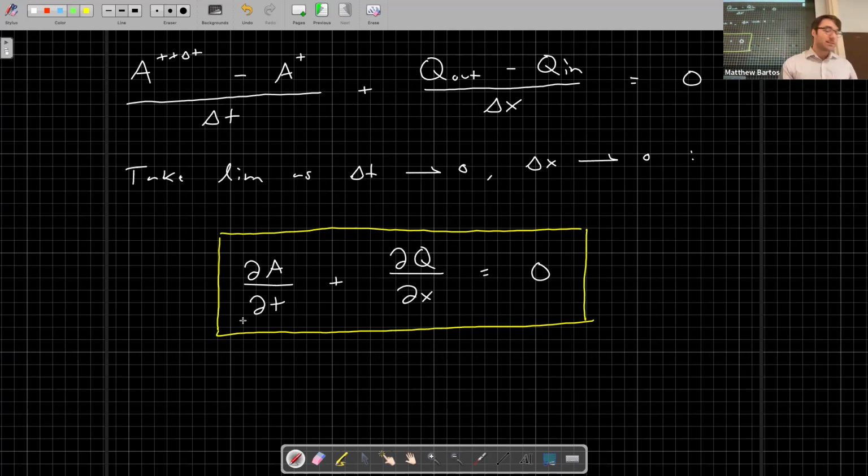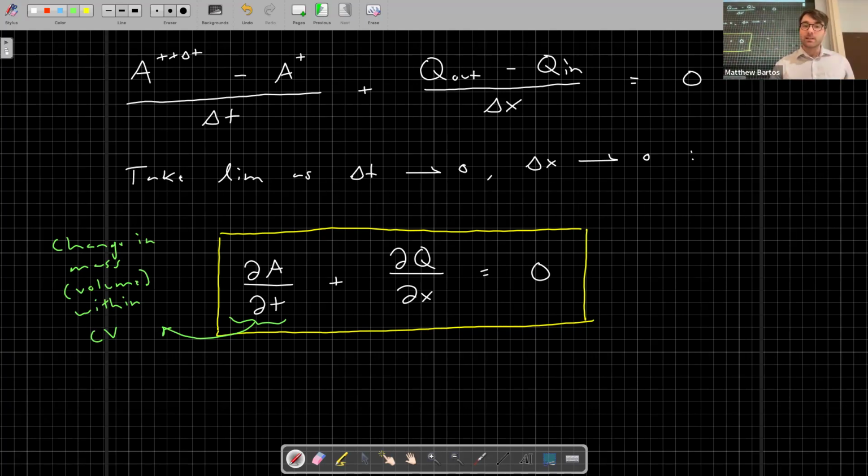This dA by dt refers to the change in mass, and correspondingly the change in volume within our control volume over time.